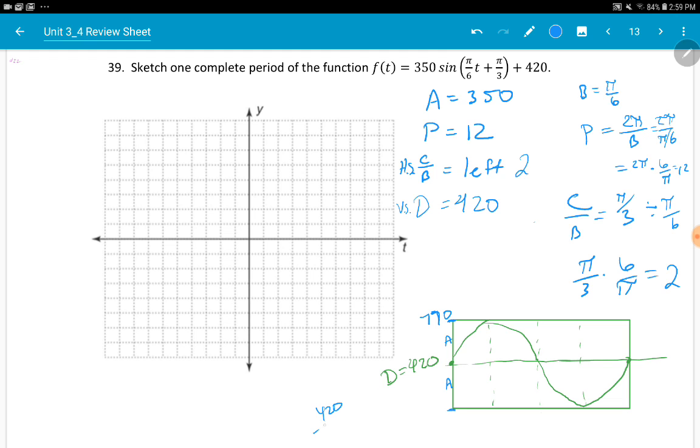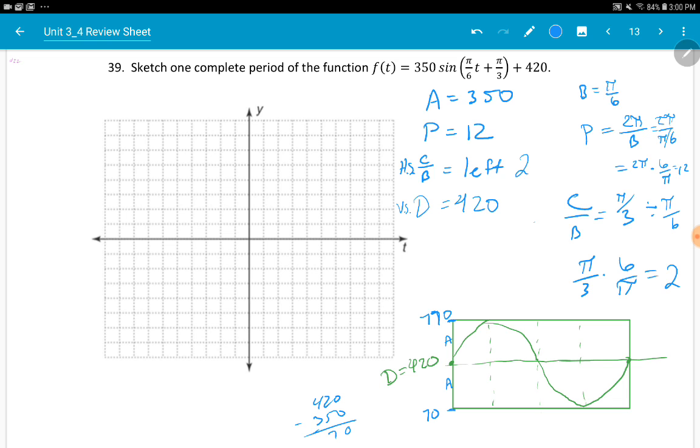That one's a little harder to do in my head. 420 minus 350 gives me 70. Okay, so my minimum is 70, my maximum is 770, so it's going to be completely above the t-axis.